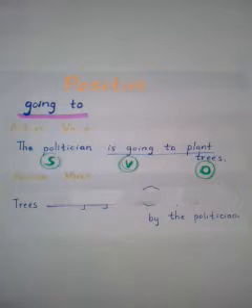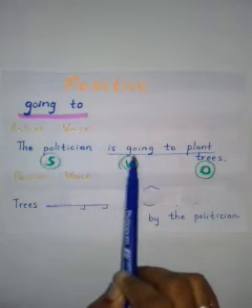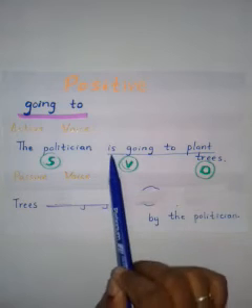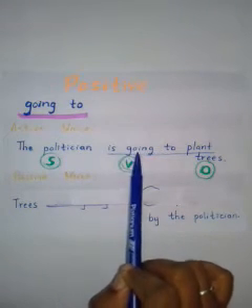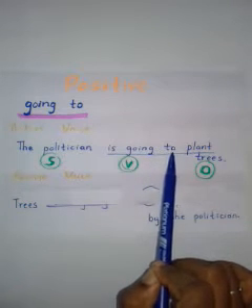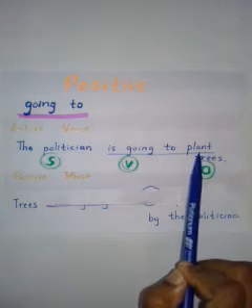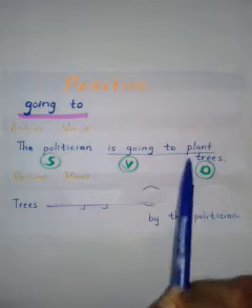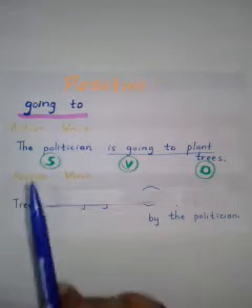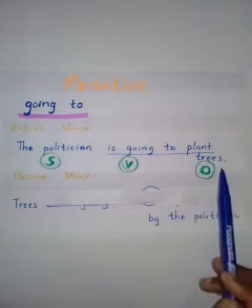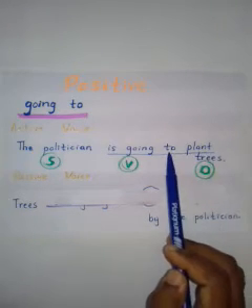Look at this sentence. The politician is going to plant trees. Is, the politician singular, is going to, and the verb stem plant trees. දේශපාලනඥයා ගස් වවන්නටයි යන්නේ.